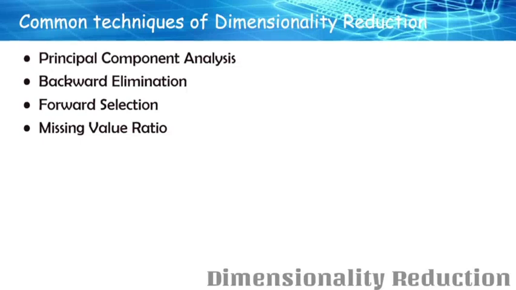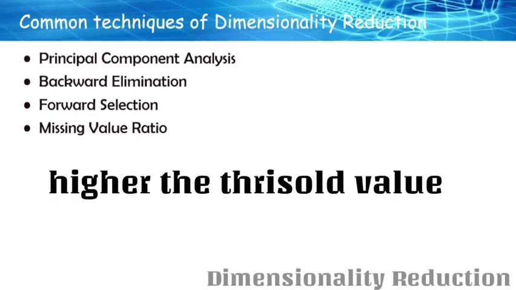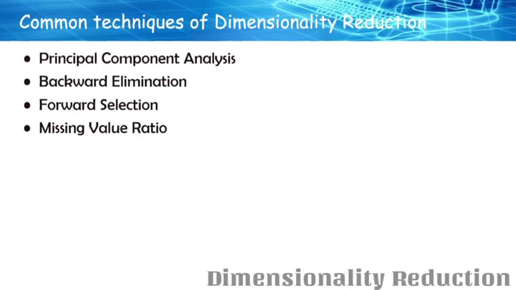To perform missing value ratio, we set a threshold level. If a variable has missing values more than the threshold, then we drop the feature. The higher the threshold value, the more efficient the reduction is, but chances are there is more loss of data information as well.